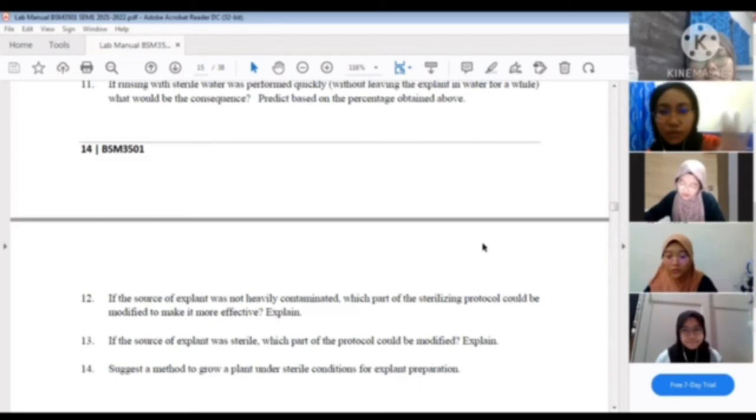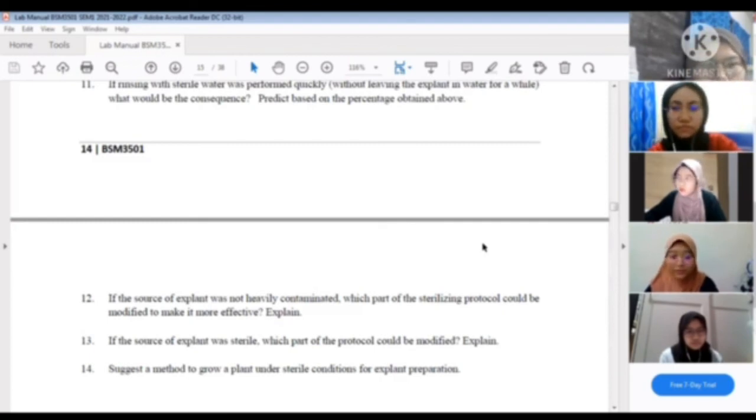So we don't need to focus on the sterilization anymore. Okay. Anyone want to add their point? No? I want to continue what Bina said, because if we can destroy the plant structure.